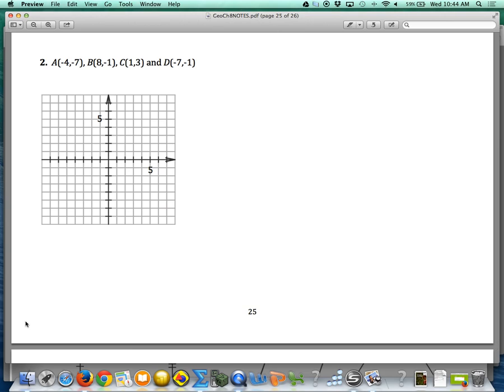So right now for number 2, plot the figure, find the slopes of all 4 sides. Find the slope of all 4 sides of this.